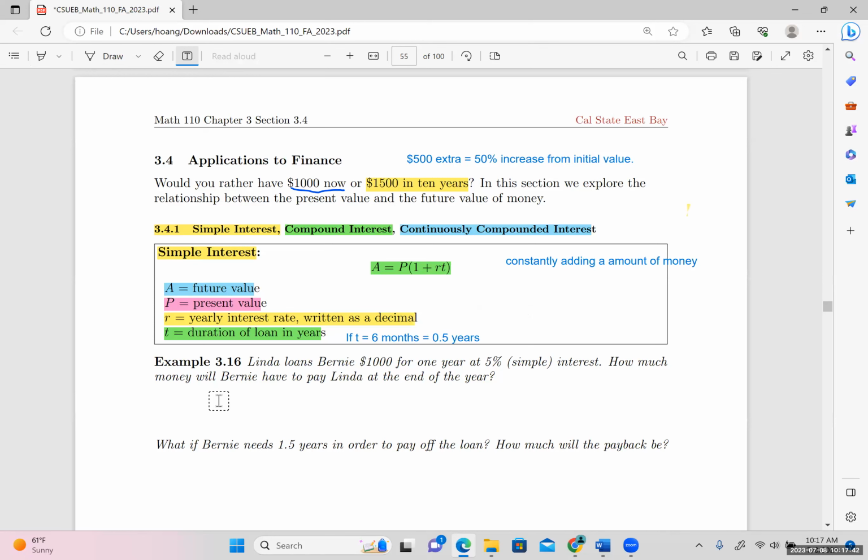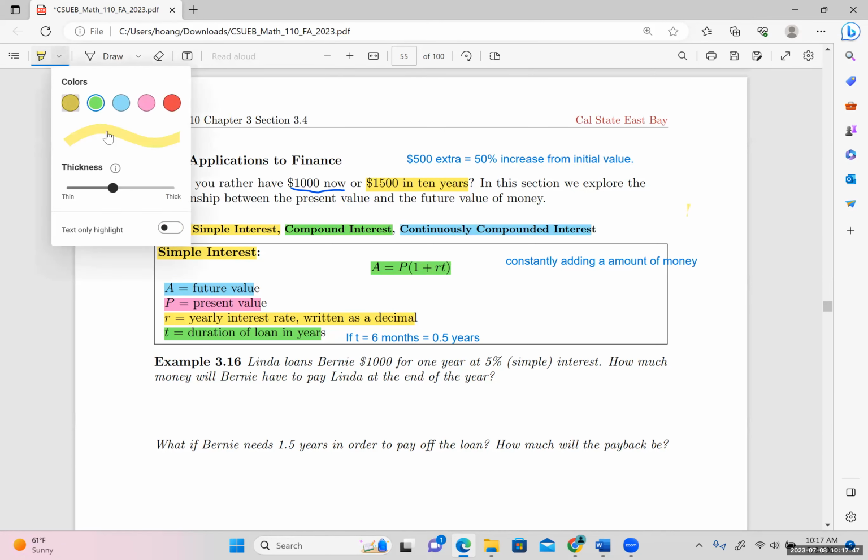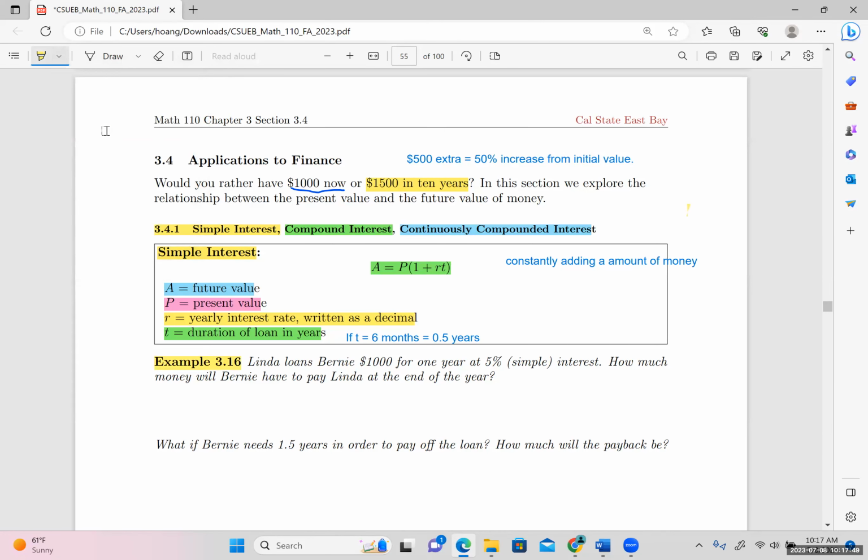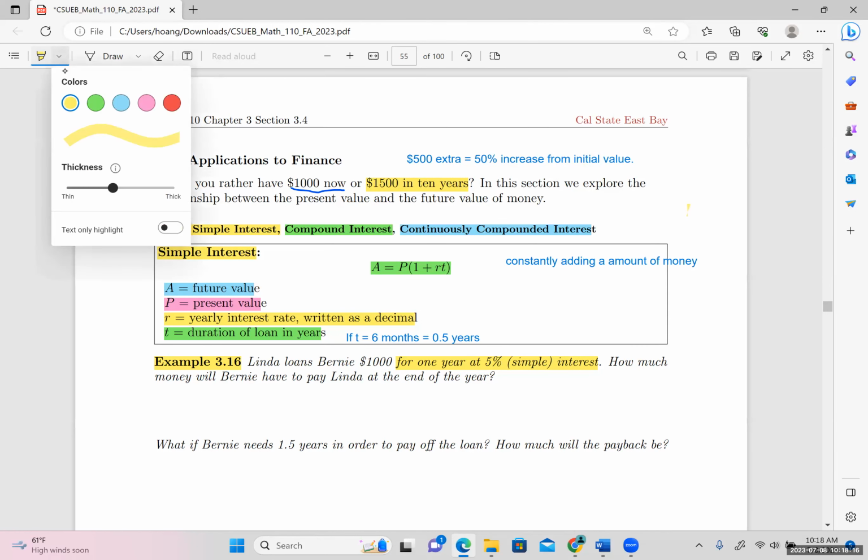All right, so now let's start with example 3.16. Linda loans Bernie $1,000 for 1 year at 5% simple interest. How much money will Bernie have to pay Linda at the end of the year? This is clearly given to us with the word simple.